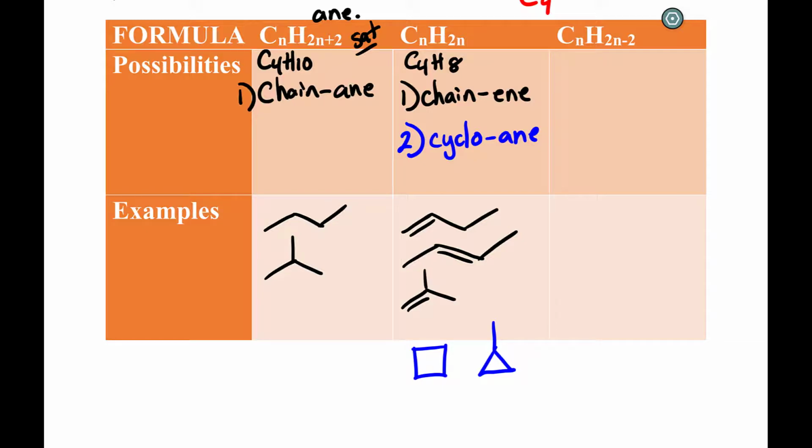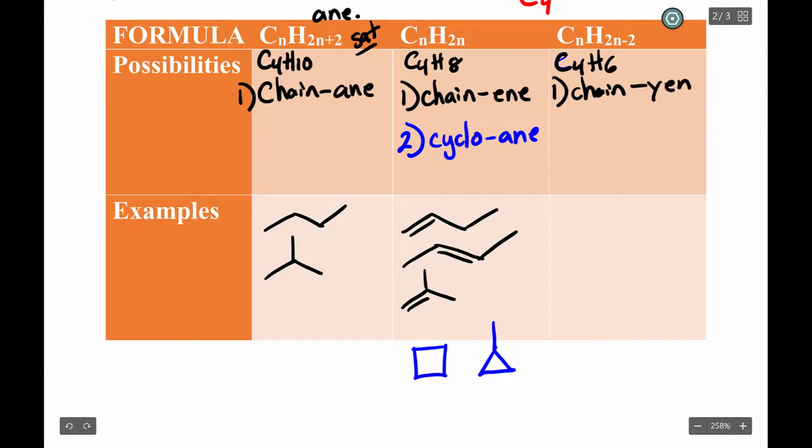Okay, so this one would be C4, 2 times 4 is 8, minus 2 is 6, so C4H6, and this has essentially 3 possibilities. So 1, it could be a chain yne, monoyne. Okay, so we could have, say, but-1-yne.